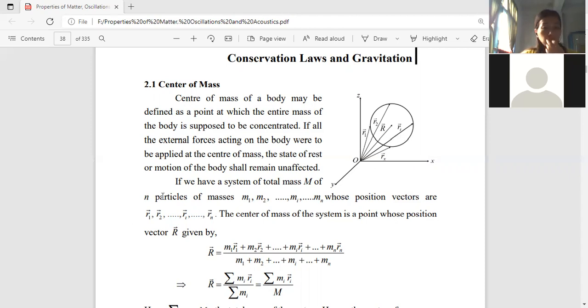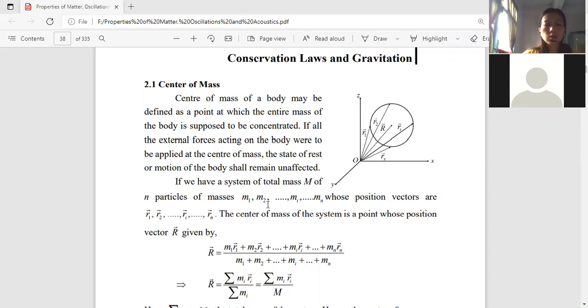What we are going to do is try to derive the formula for finding the center of mass. Suppose we have a system of total mass, capital M, the total of all the masses, that is m1, m2, up to mn.